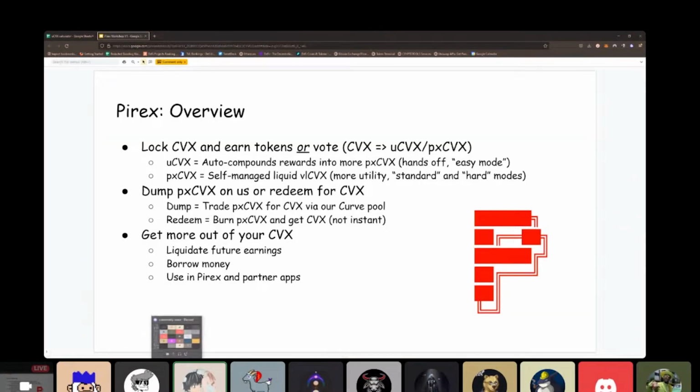But imagine if that existed here, and you're able to spend or collateralize your PXCVX or future yield tokens in order to participate in those applications.